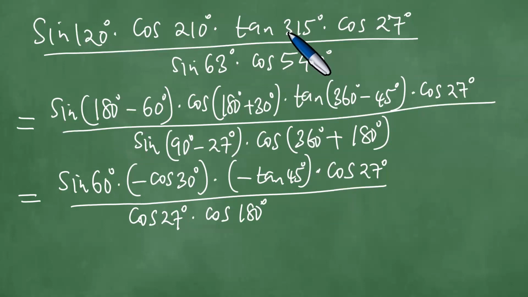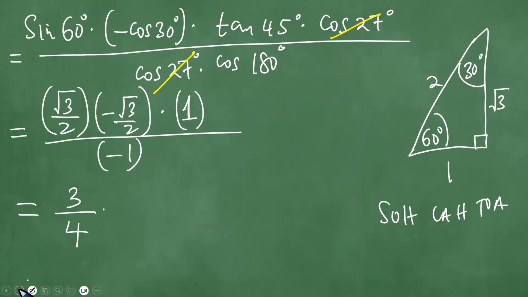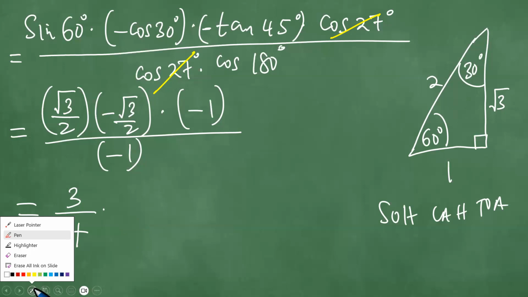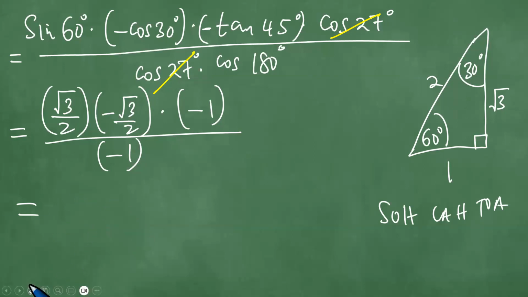Just watch that. 315 is 360 minus 45, so you have a minus there. So this one is minus, and therefore you're going to have minus 1. Minus tangent 45 is minus 1. Therefore the result here is negative 3 out of 4.